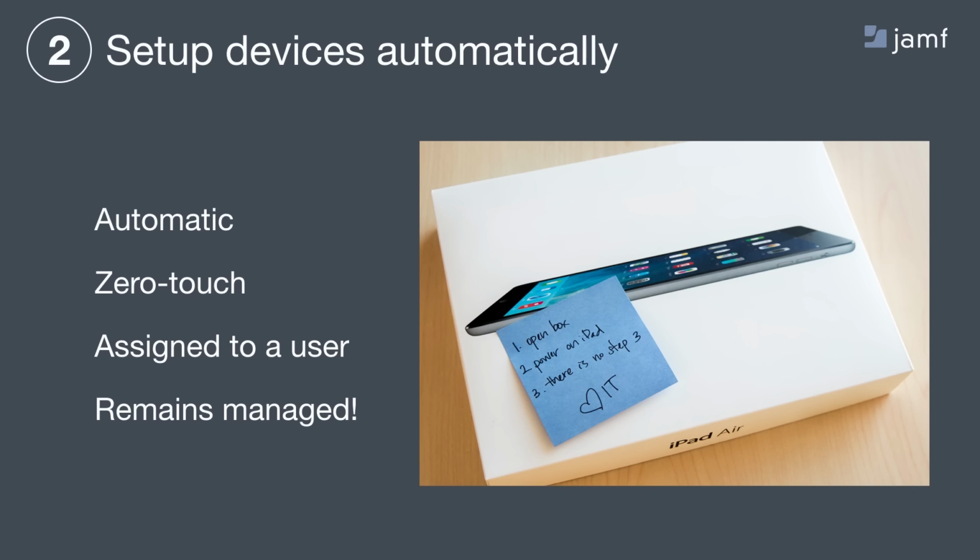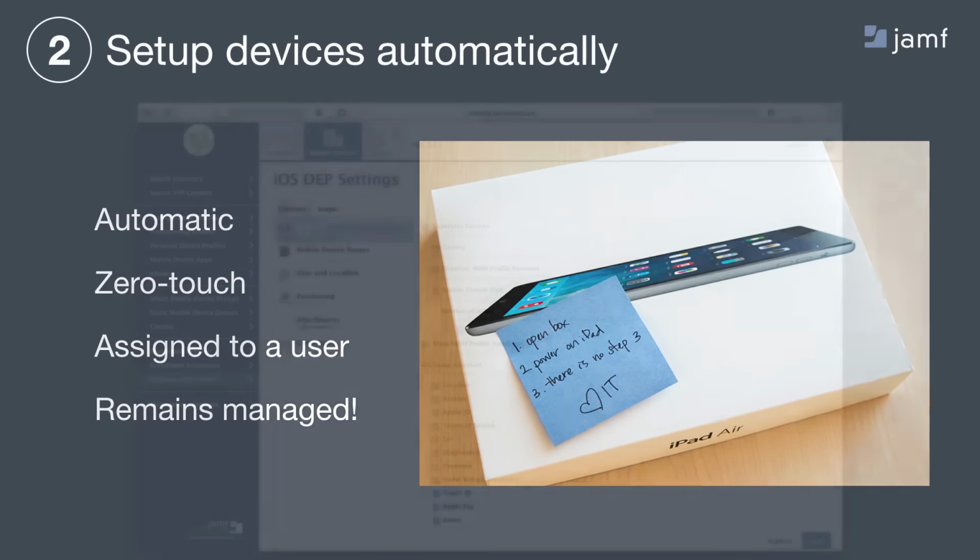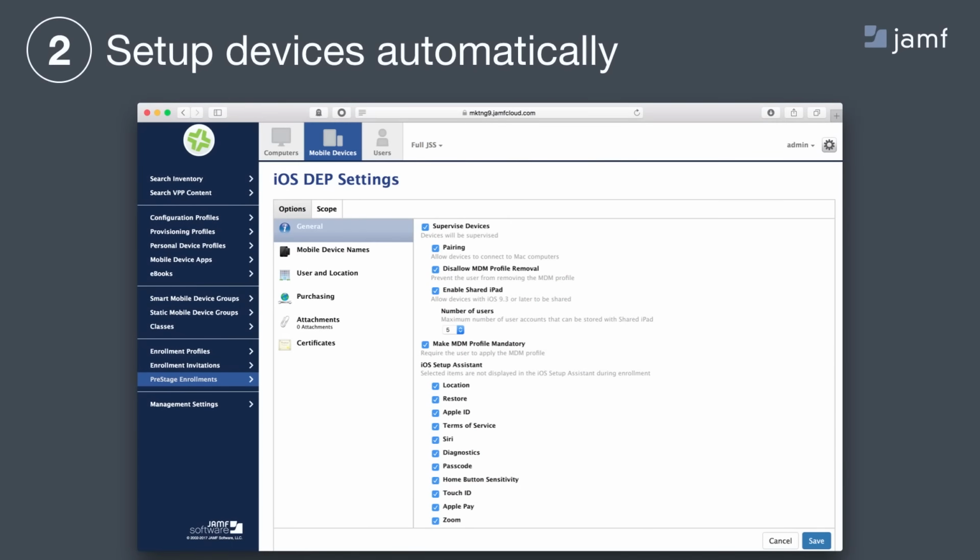In fact, you can assign them to a user right as they are booting up for the first time, and it remains managed. So if a student wipes the device and they turn it back on again, it always gets re-managed. I'm going to show you what those look like, what these settings look like here in Jamf Pro.